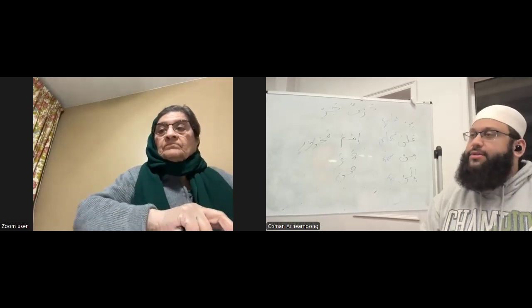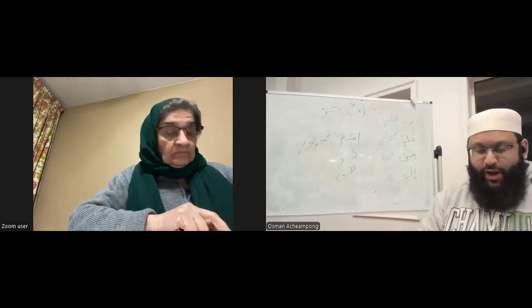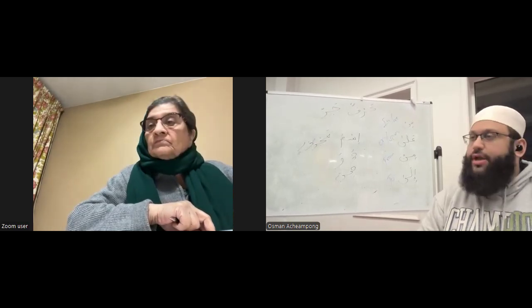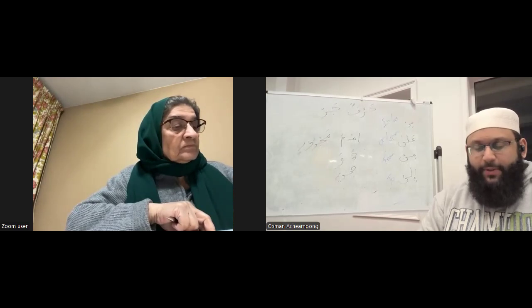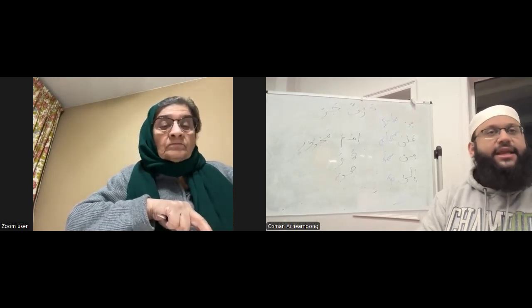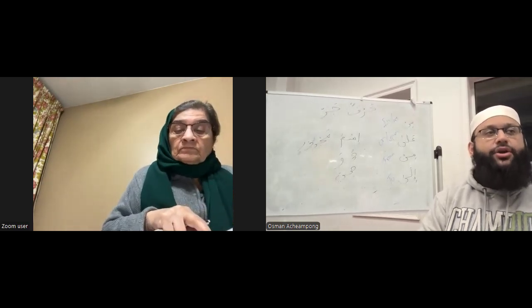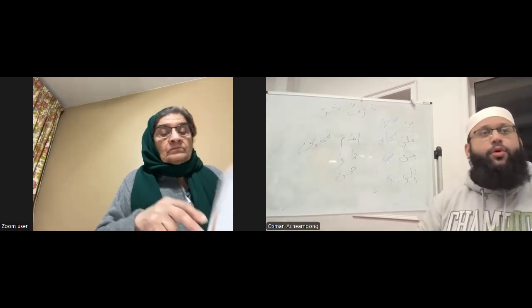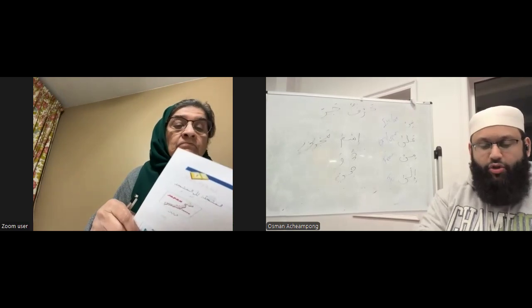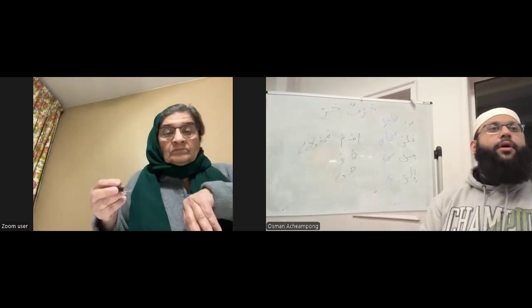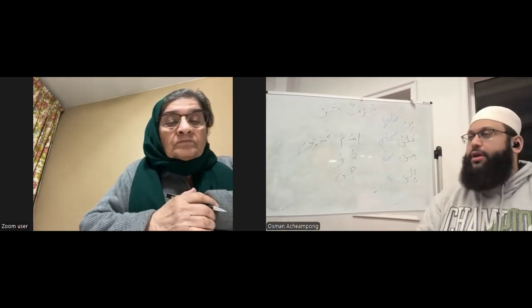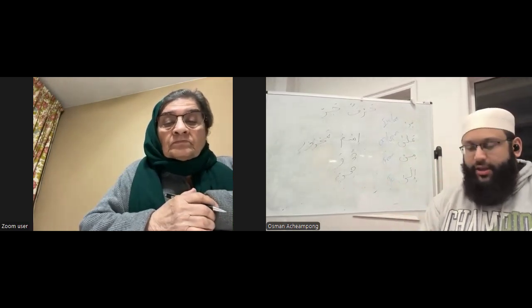For practice in reading and writing, try exercise 1 on page 21, the same page that we just read. It says Ajib anil as'ilatil atiya. Answer the following questions. It's the same questions that were in this little story up here, but we're going to answer the questions after understanding them by ourselves.